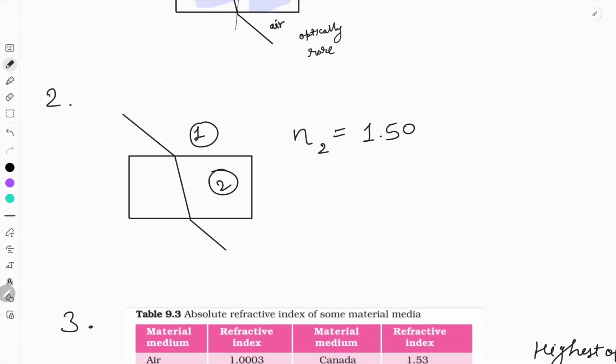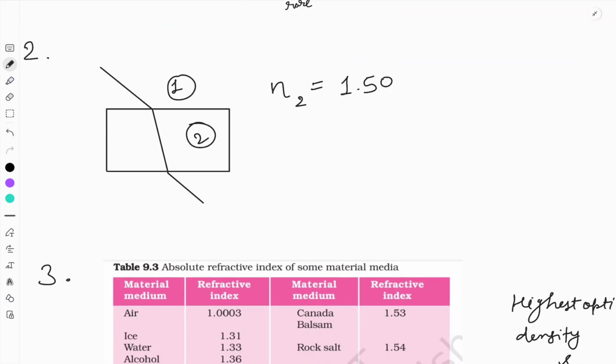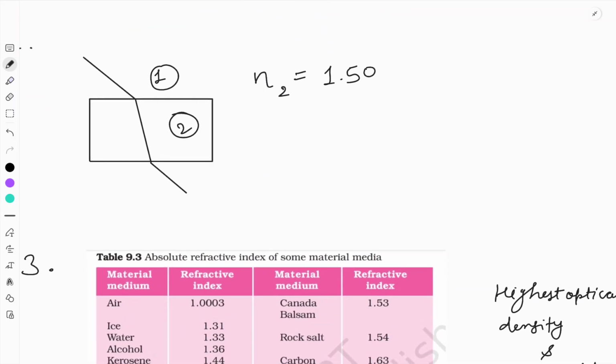Next question: light enters from air to glass having refractive index 1.5. What is the speed of light in the glass? The speed of light in vacuum is 3 into 10 raised to 8 meter per second. It is given that n21, where 1 is nothing but vacuum, that's how we defined absolute refractive index, right?